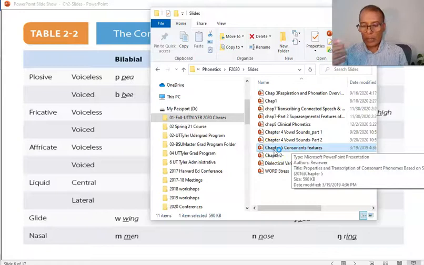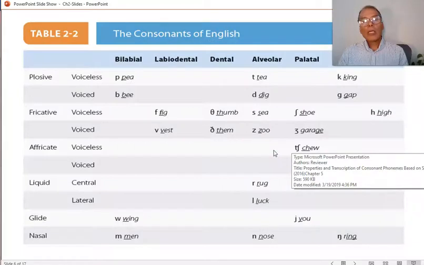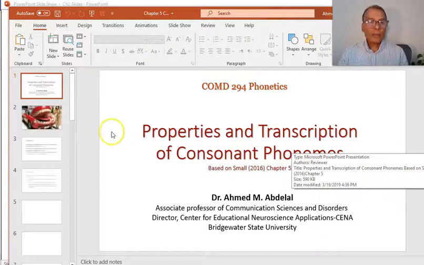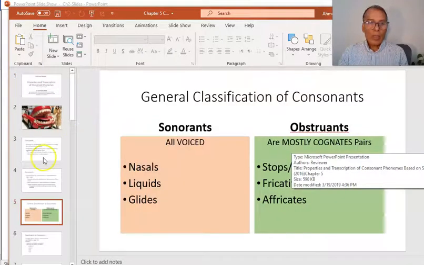That makes it easier, and it will help you understand the chart in your textbook better. And of course, all of these you are gonna have in detail. You are gonna study them in detail when you take phonetics.